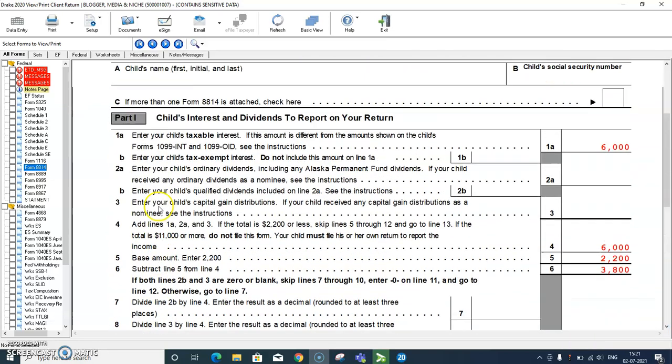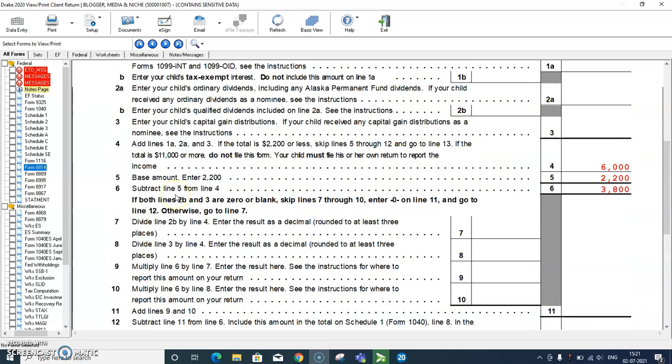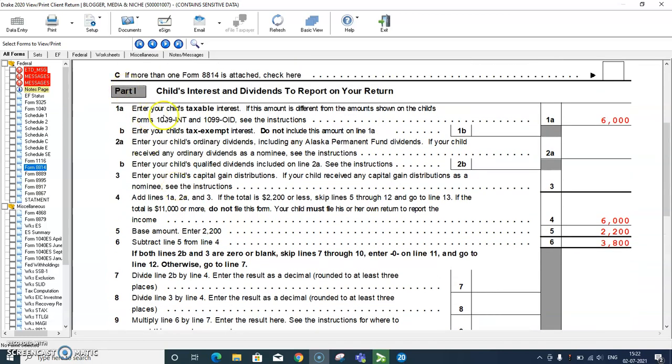Please go through each and every line so that you have a better idea about the form. I have reported child's taxable interest as $6,000, which is flowing on line number 1A. The base amount comes to $2,200. You have to subtract line 5 from line 4, which comes to $3,800 on line number 6.